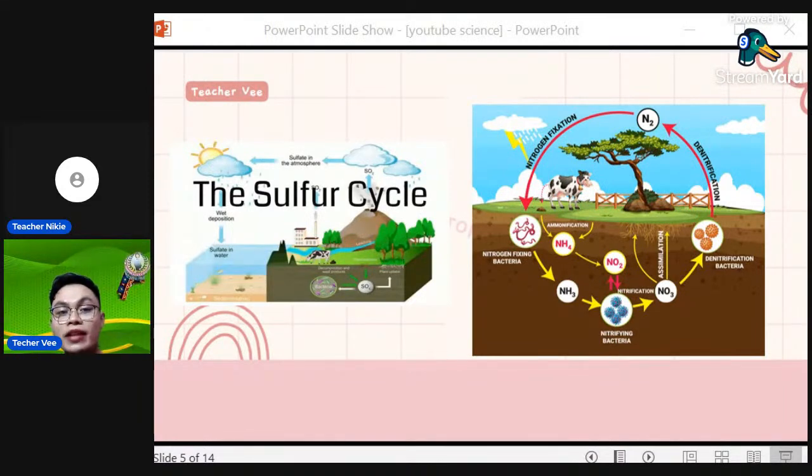Tapos, nakadepende po yung plants sa sulfur, kasi plants absorb sulfur when it is dissolved in water. And of course, animals consume these plants. So they take up enough sulfur for their nutrients, or shall we say, to maintain their health. Okay? So that's why sulfur cycle naman is important.